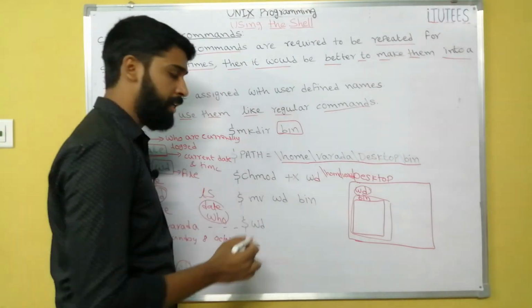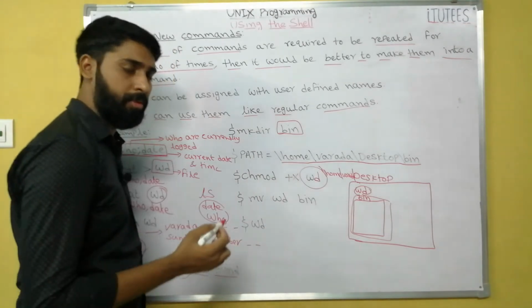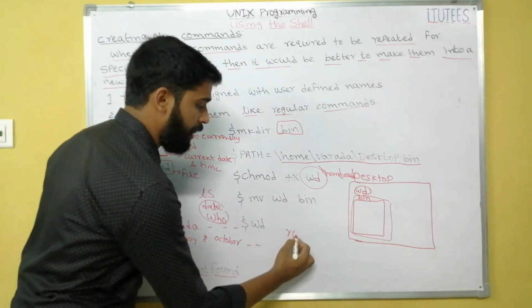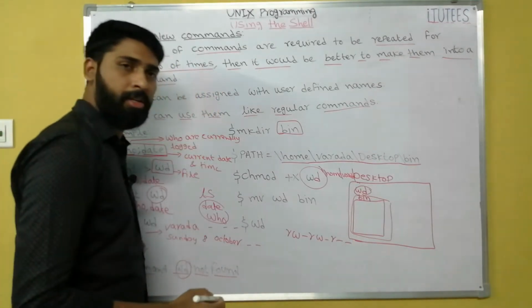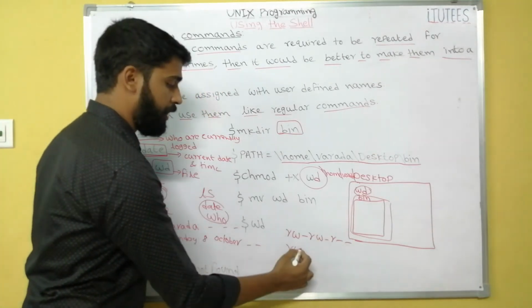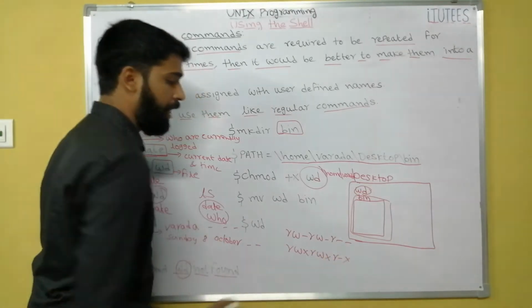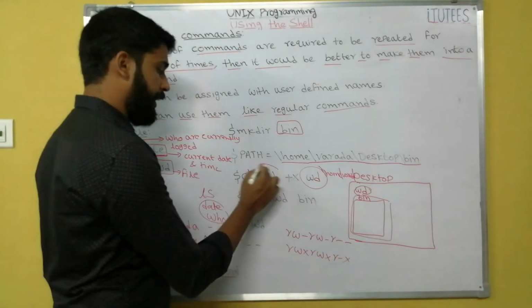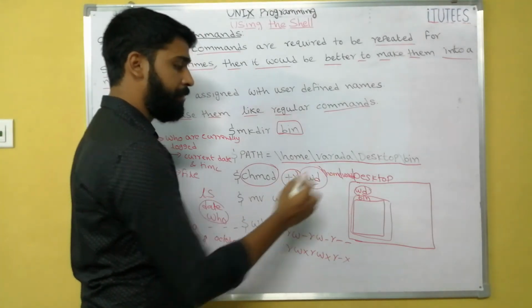After that I can change the permission of wd. By default it is rw-rw-r--. Now I want to change it to rwxr-xr-x. How? The chmod command, plus x, the file name is wd.